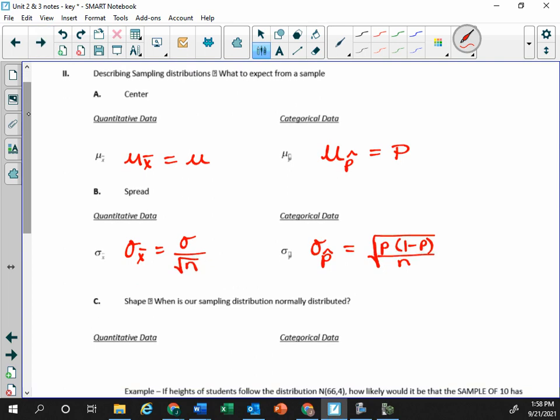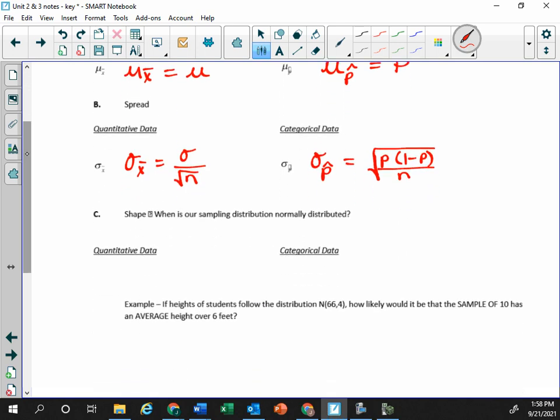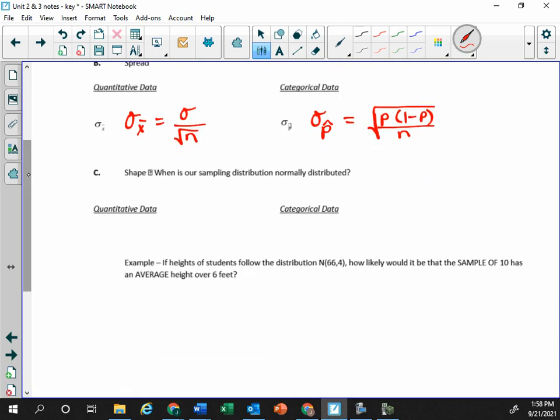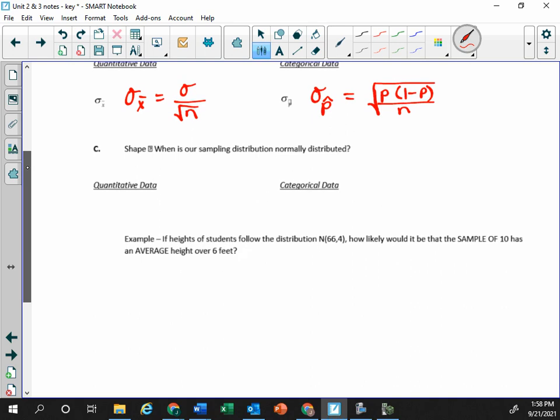Okay, then the shape of our sampling distribution. One way that we can know it is approximately normally distributed is related to our sample size. So this is called the central limit theorem, and you can abbreviate it CLT.